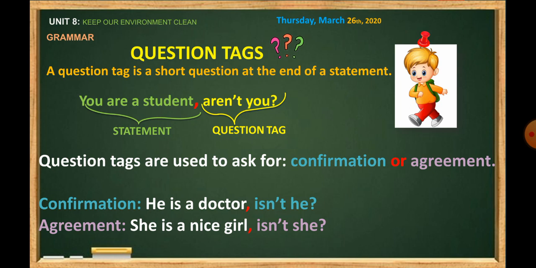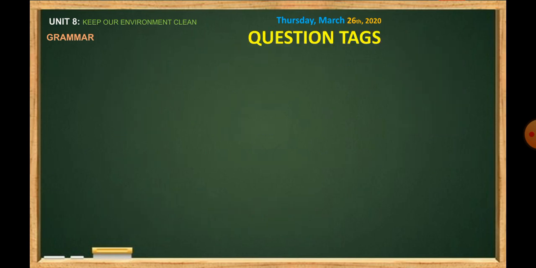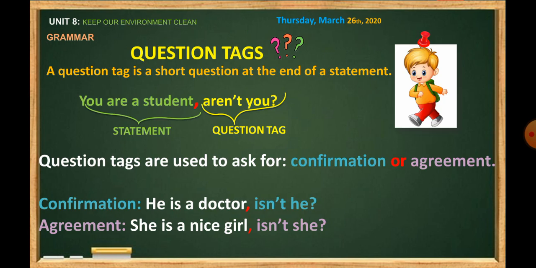Maybe I am asking this question, okay, my friend or someone, and I want to know his opinion. Okay, I want to know if he or she agrees or not with my opinion. That's why I ask this question.